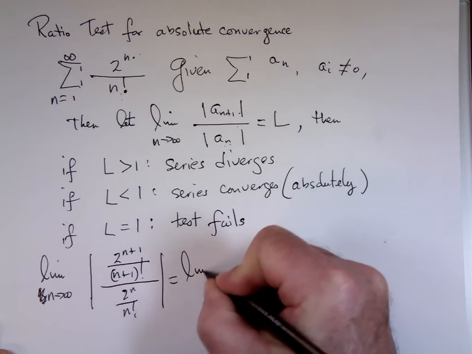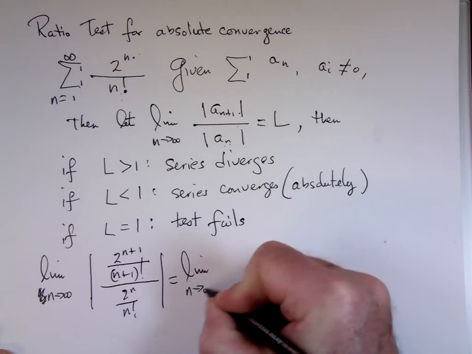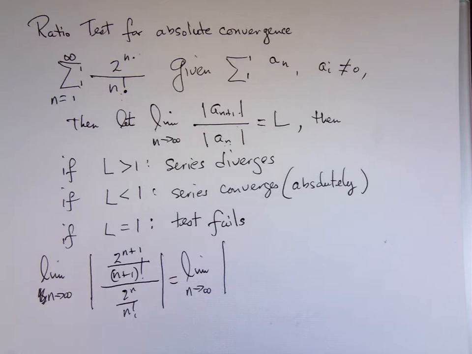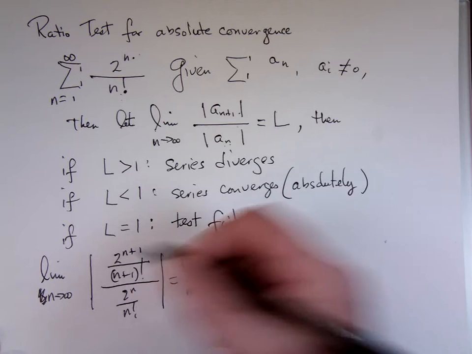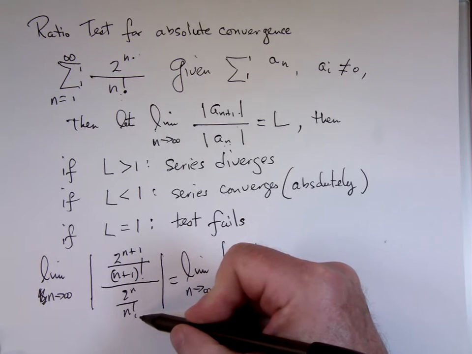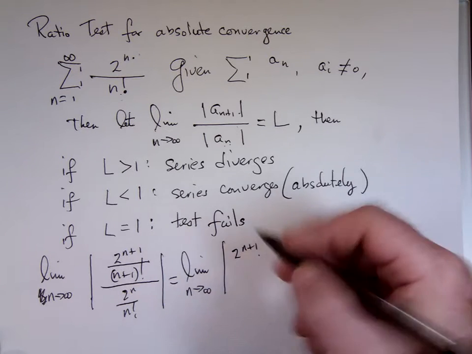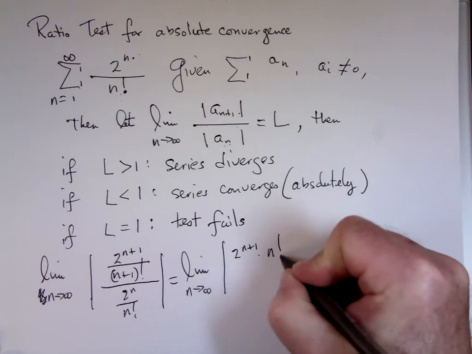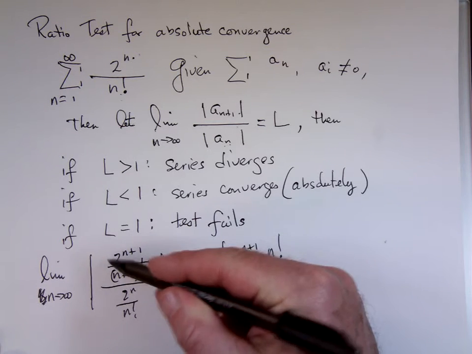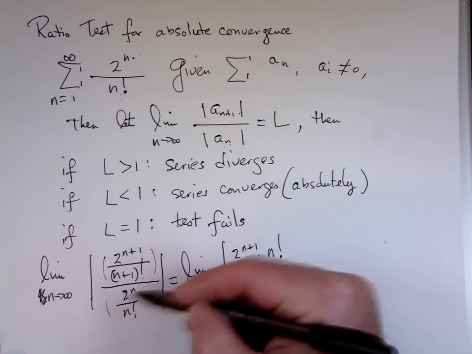That's equal to the limit as n goes to infinity of the absolute value. Now, the absolute value symbols aren't necessary here. I've got positive terms anyways. So what happens? You get 2 to the n plus 1 in the numerator. Think of this as this fraction divided by this fraction.